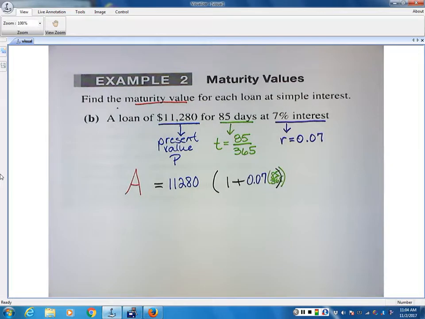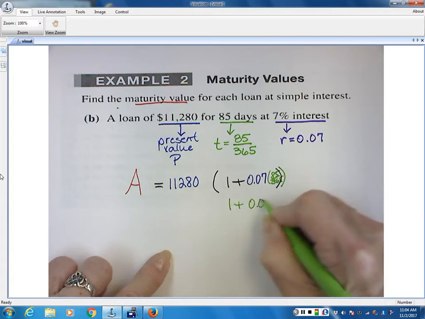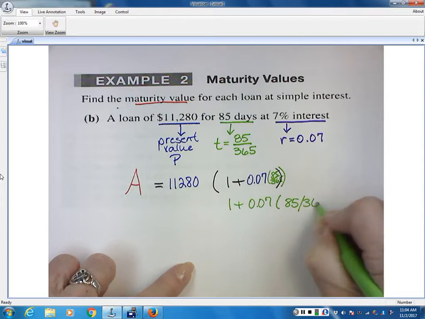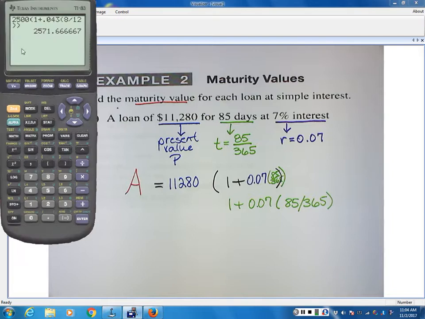And on the calculator, this is always going to be written out as 1 plus 0.07, and then it's 85 divided by your 365. I try to always give you the calculator steps so that you'll get your parentheses in the right place. So $11,280 times 1 plus 0.07 is the interest rate times 85 over 365.